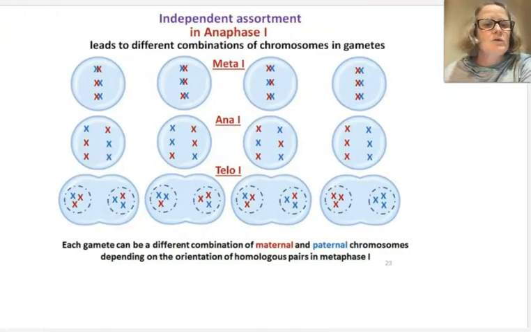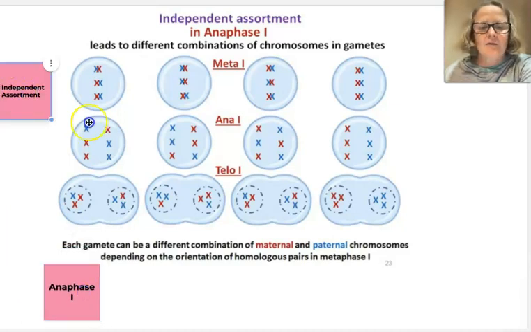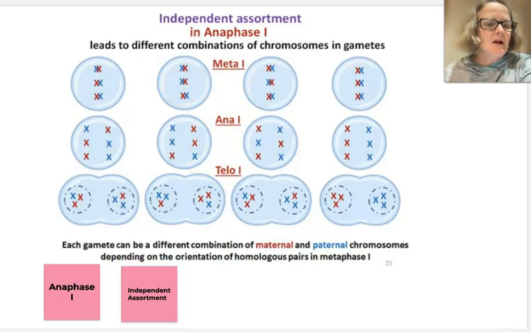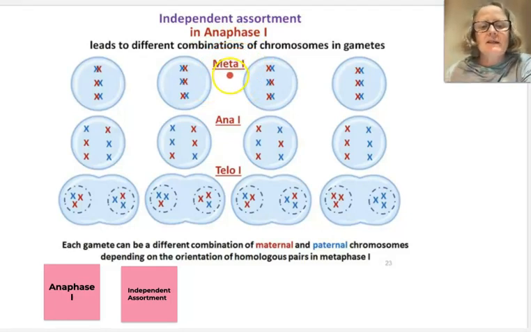The other way is called independent assortment, and it happens during anaphase 1. So this is the part of cell division where the chromosomes, they found each other, they've lined up on the equator, and now they're being pulled apart. You can see here in this diagram, metaphase is happening here, and they're showing all 4 options that could happen at once. Metaphase is when they line up on the equator, and you can see here we've got blue and red chromosomes.